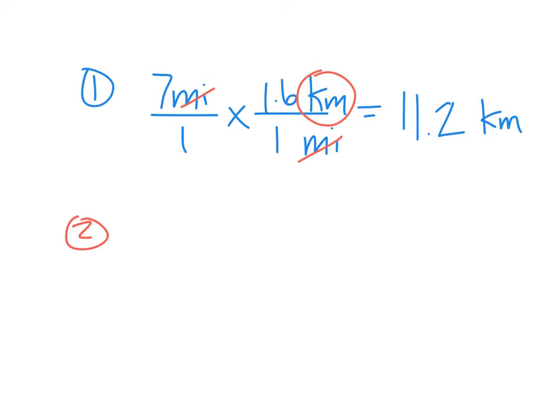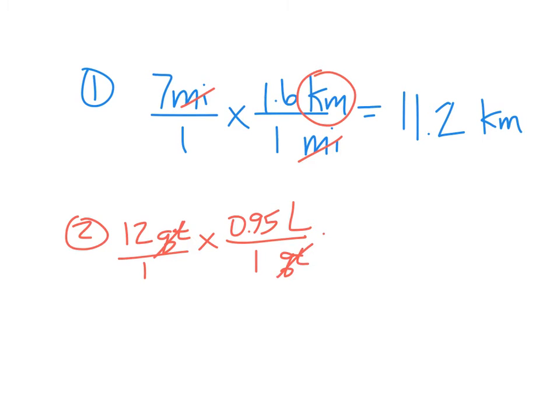So number 2, we have 12 quarts, and we're converting them to liters. So then I put quarts on the bottom here. Okay, well, how many liters are in a quart? 0.95. There you go. So 0.95 liters equals 1 quart. So I put quarts on the bottom, liters on top. That way I can cancel quarts.